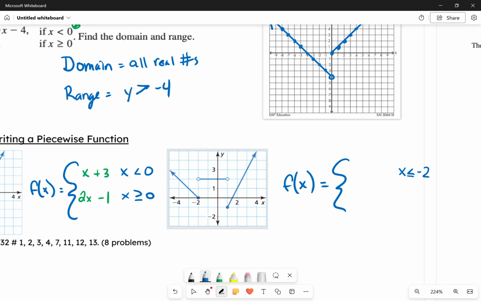Then we've got when x is between -2 and 1. So how we would write that is -2 is less than x, which is less than 1. And then our next section would be when x is greater than or equal to 1.